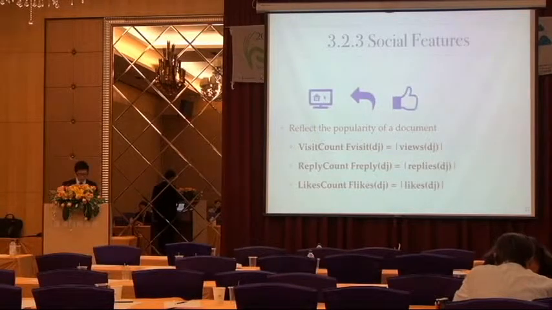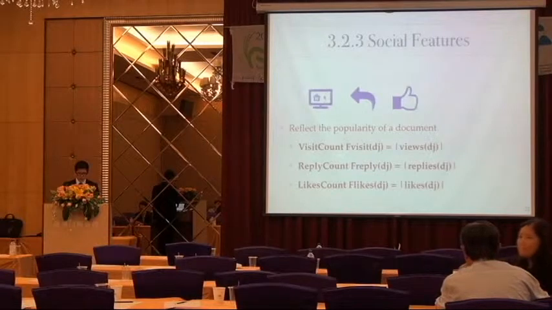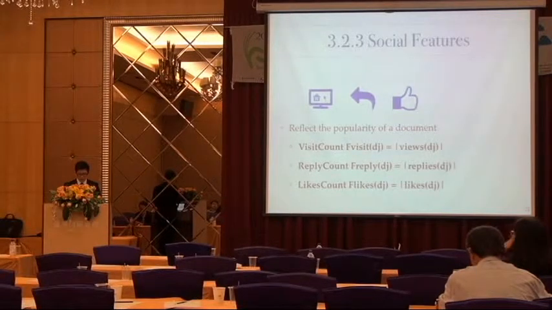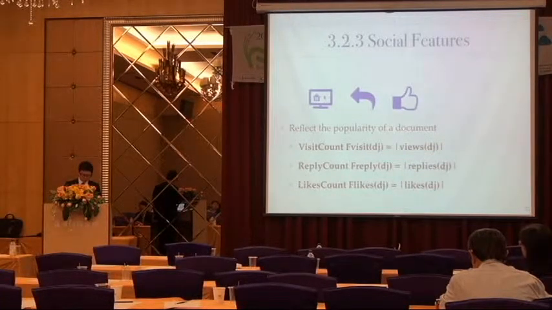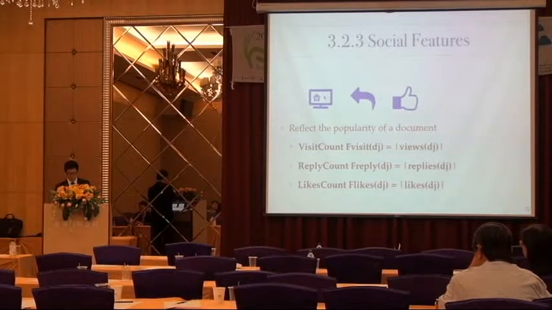And the third type of features is social features. In social media, users can give responses to a document by browsing, replying, or giving a like. Thus, these features can reflect the popularity of the document.